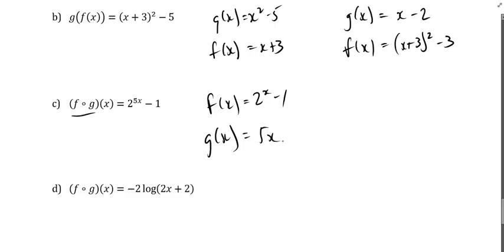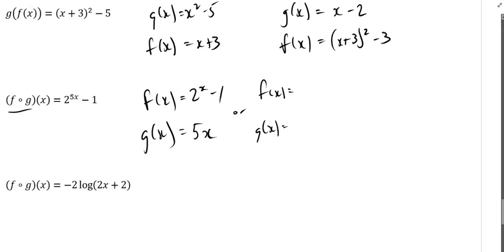Anybody come up with another one? How about this? f at x is 2 to the 2x minus 1, and then g at x is 5 over 2x.